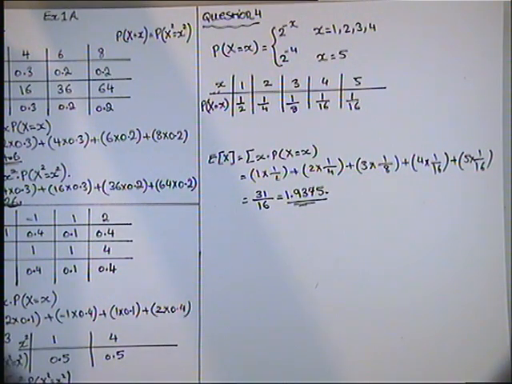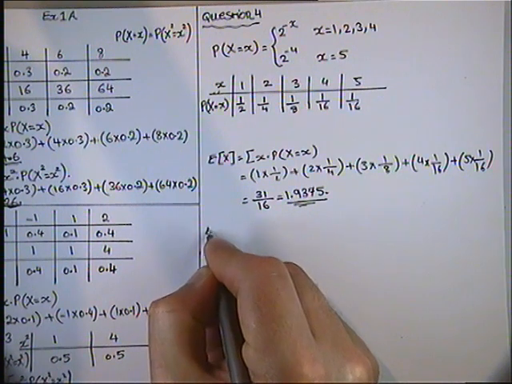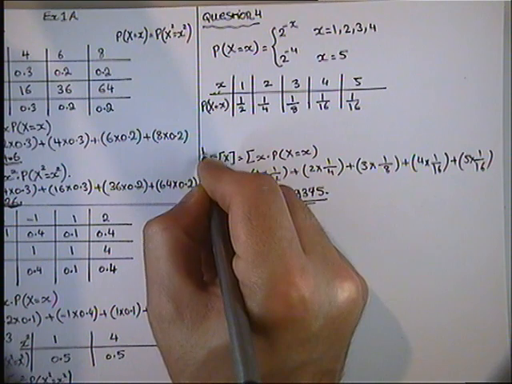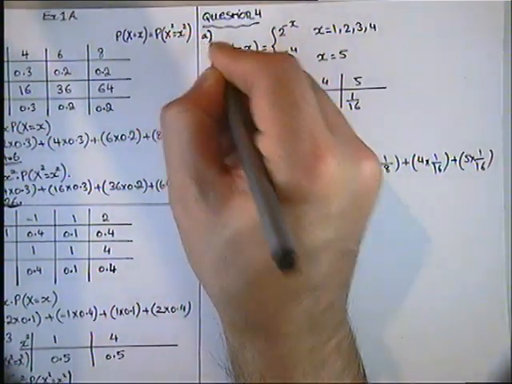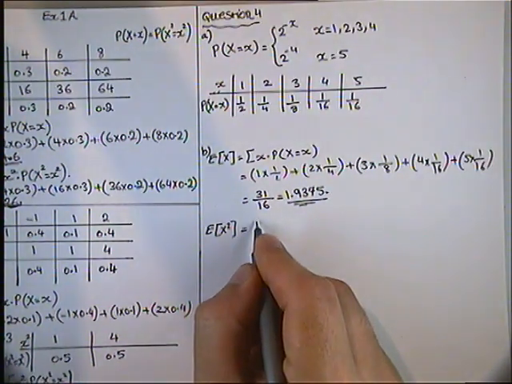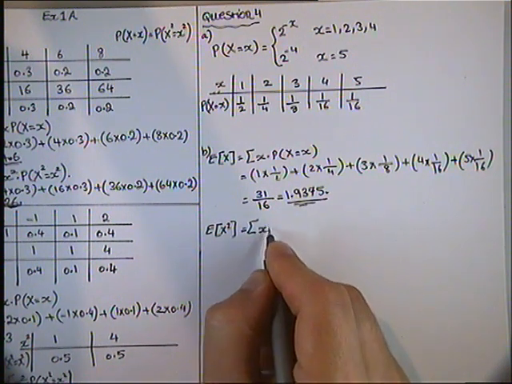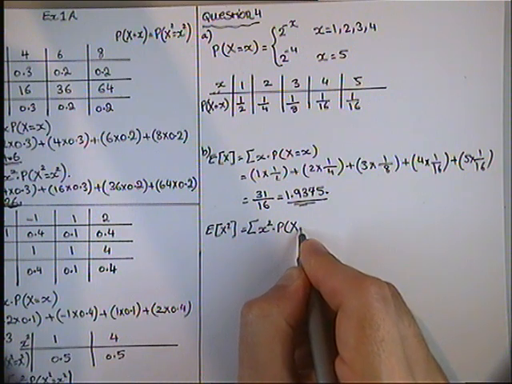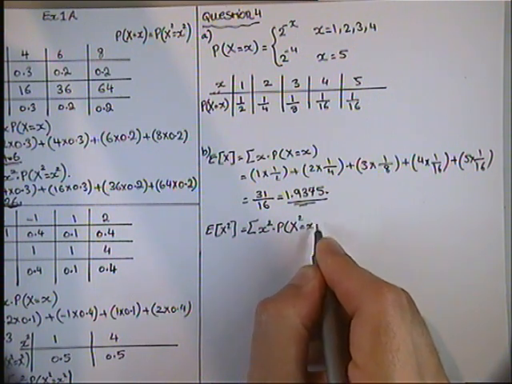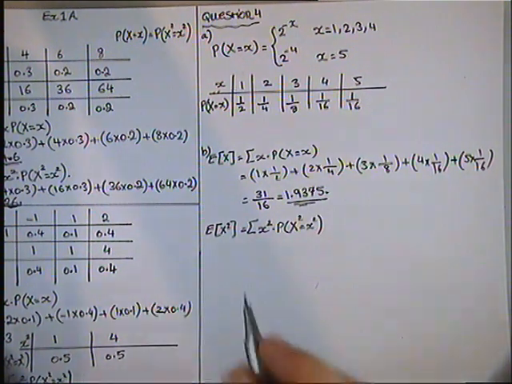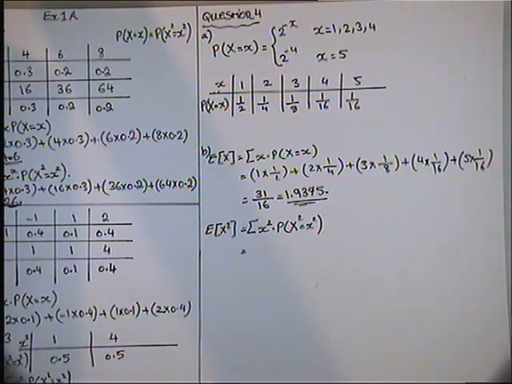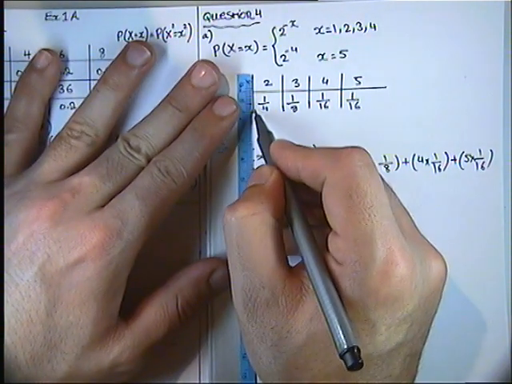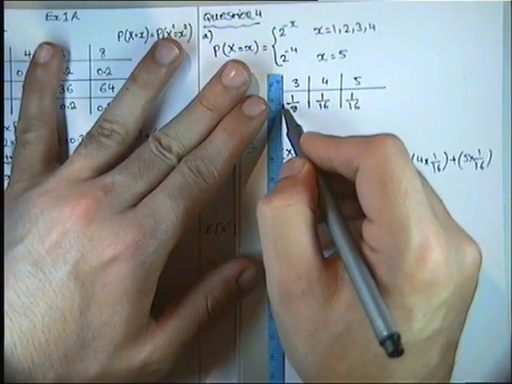Okay. Now we need to work out E of x squared. Of course, this is part B, and this is A. E of x squared is sum of x squared times by probability of random variable x squared equals to x squared. Okay, first of all, let's work out all the x squares. Okay, let's extend the table.